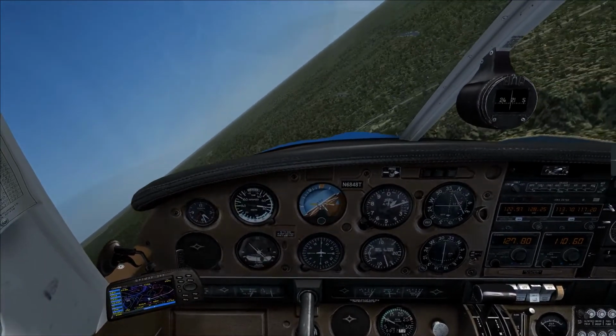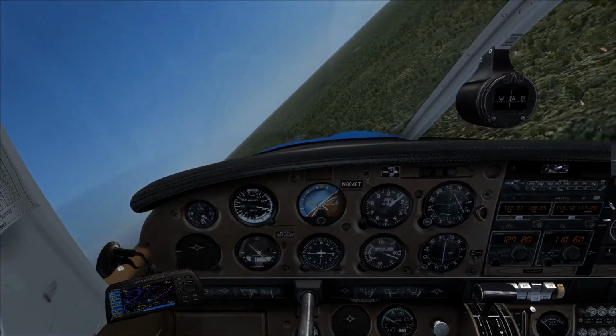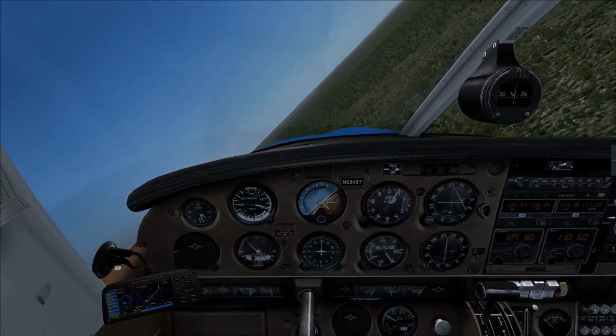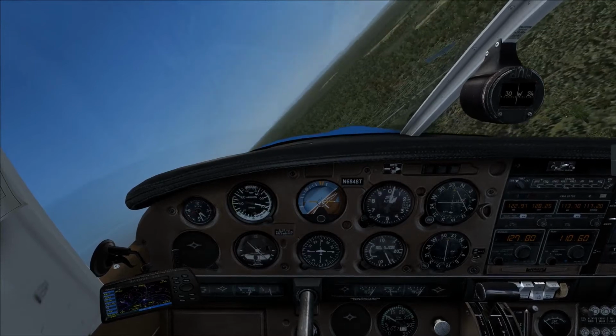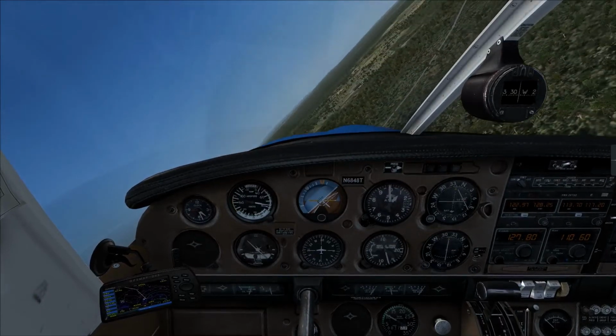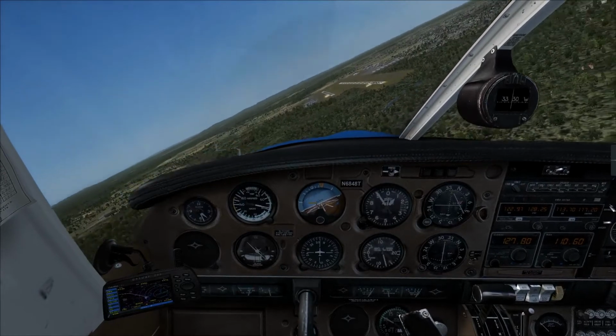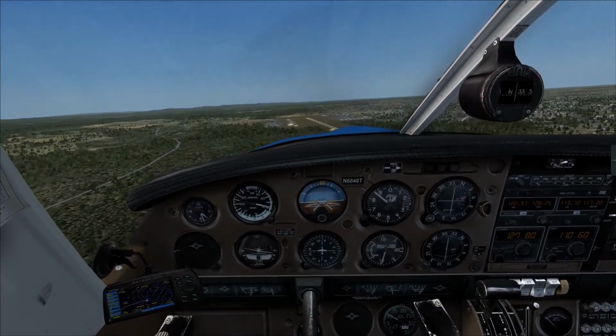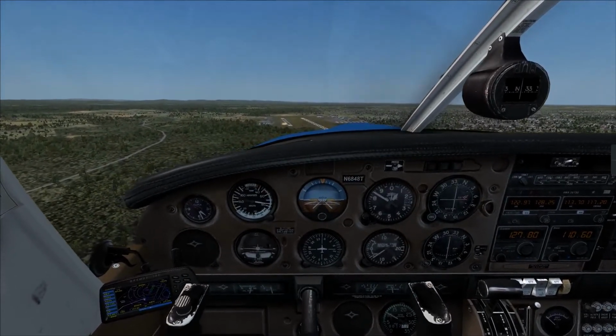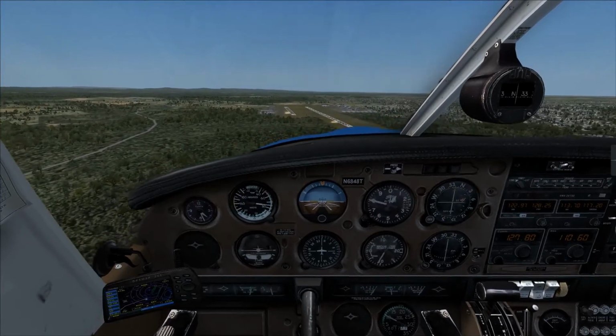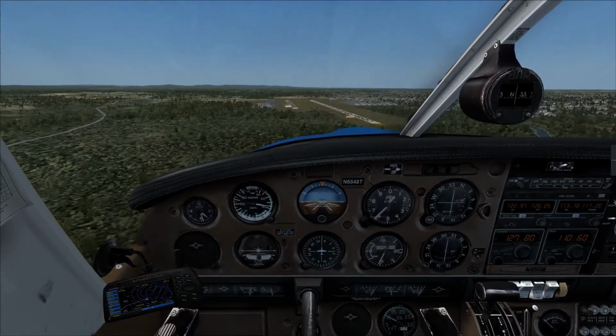See if we can make 34 left first. Well over 1,000 foot per minute descent, close to 1,500 foot per minute descent on the turn. And once we roll wings level, our descent rate goes from 1,300 to about 900.